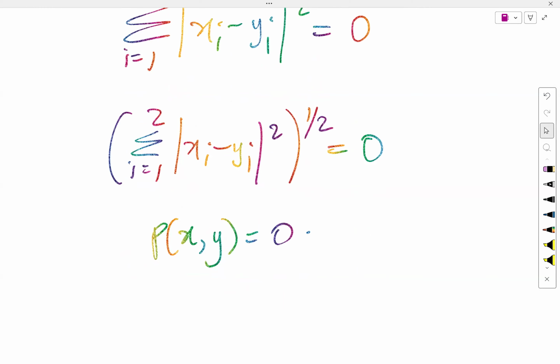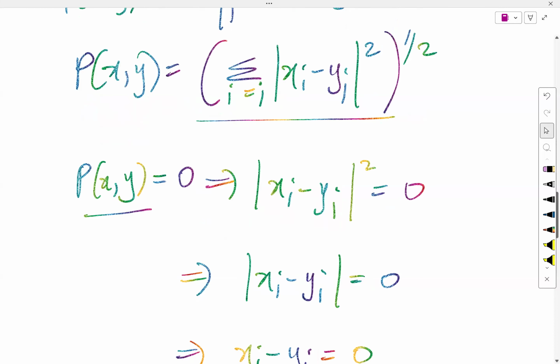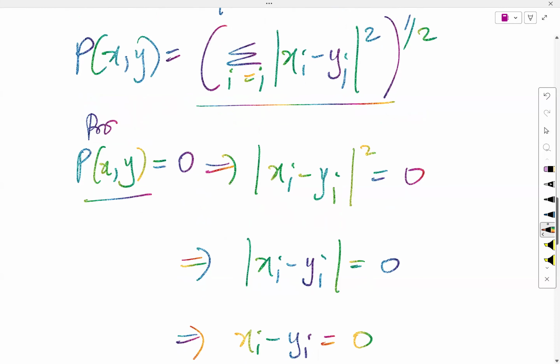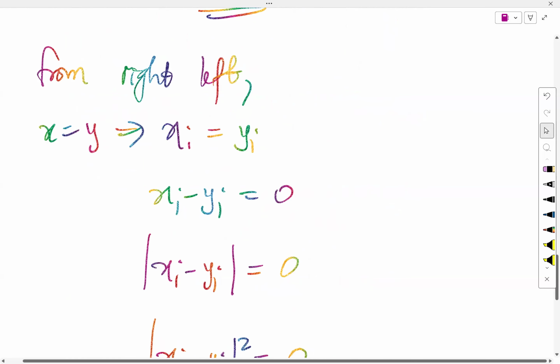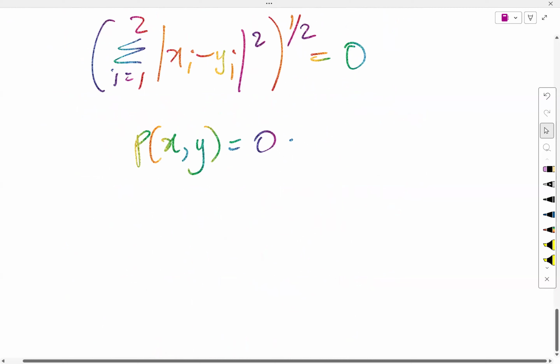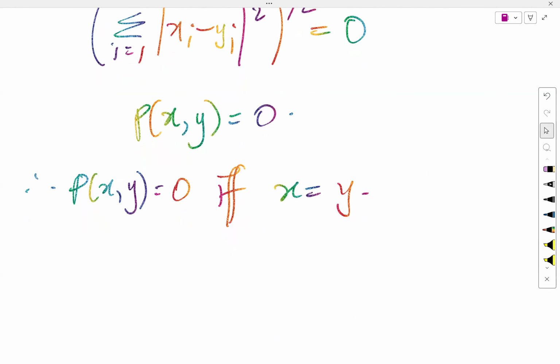So if and only if means you have to prove it both ways. This is the proof from left to right, that means you're proving it this way, and right to left, that is, you're proving it this way. So overall, therefore, P of x, y equals 0 if and only if x is equal to y. That is settled. All right.